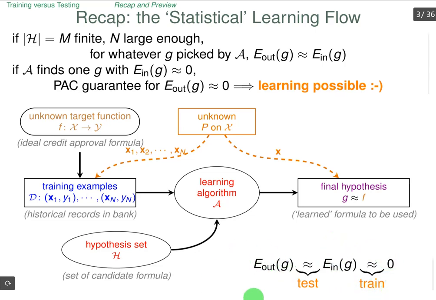The out-of-sample error is obtained on the test dataset. Test is the future dataset that hasn't been seen, so we don't know about the test dataset. We sometimes call this the test error. Out-of-sample error is usually acquired on test, and in-sample on train.